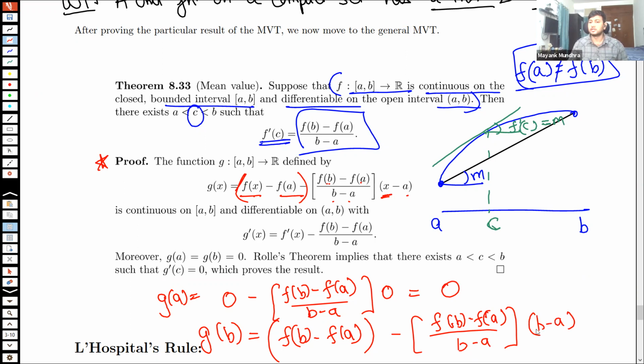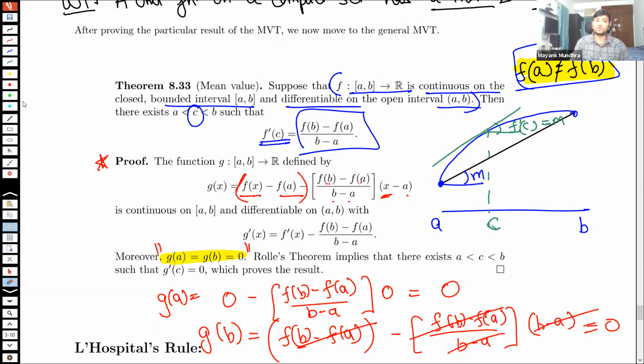So these cancel out, you get 0. So g of a and g of b are both 0. This is the one condition which was lacking in function f, but it is now applicable in g. So g will obey Rolle's theorem.